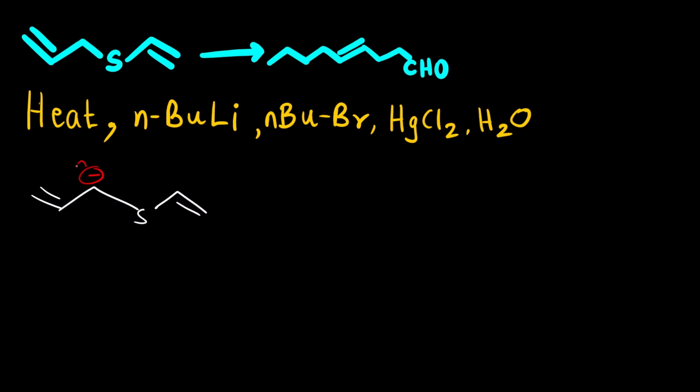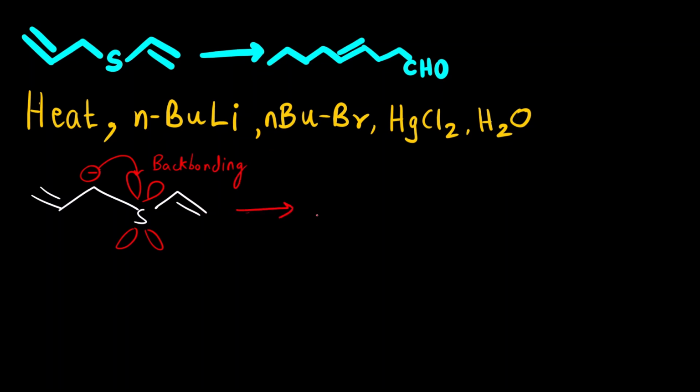There are two reasons. One is that it is stabilized via resonance with this double bond. The other is that the negative charge can participate in back bonding with sulfur, since sulfur has vacant d orbitals. That is why this carbanion is stable.